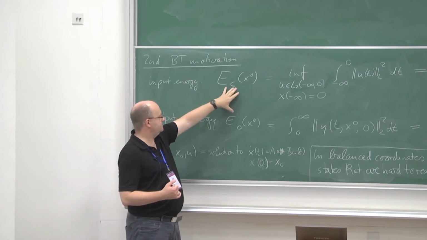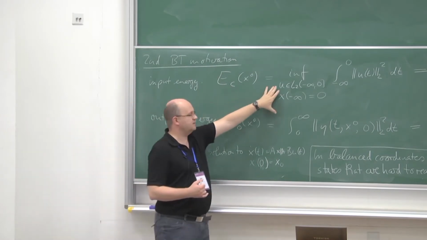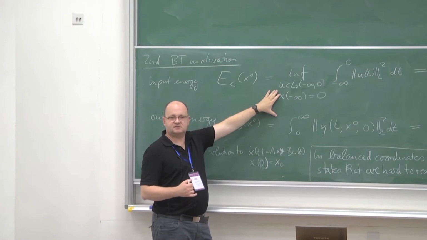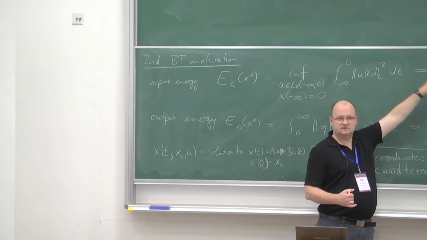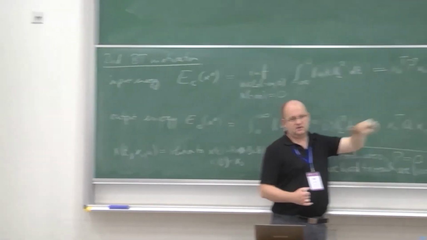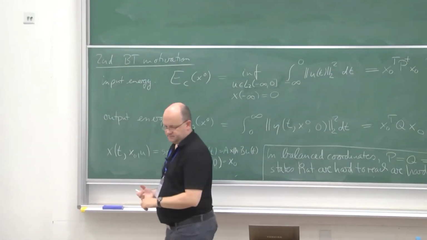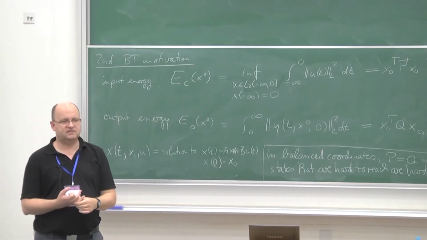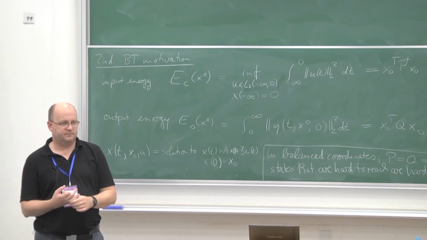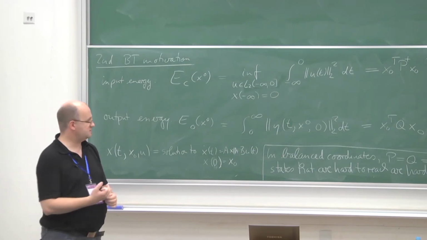There's nothing special about linear systems in this definition, just you don't get these expressions anymore. You get certain functionals, and then you could, in principle, also do model reduction based on this.